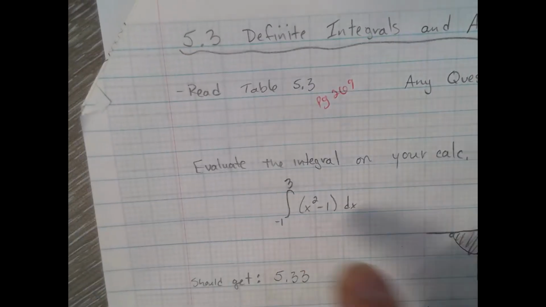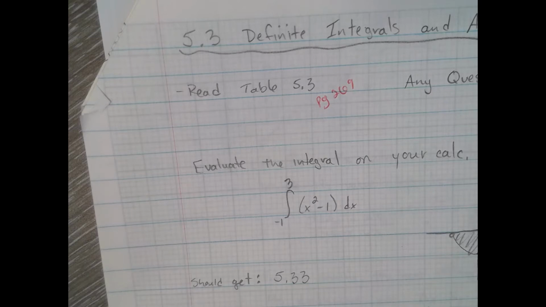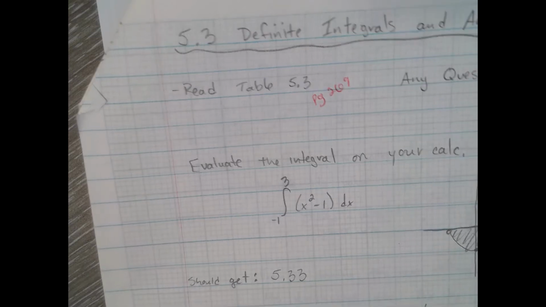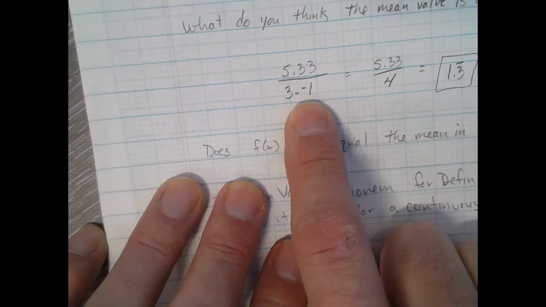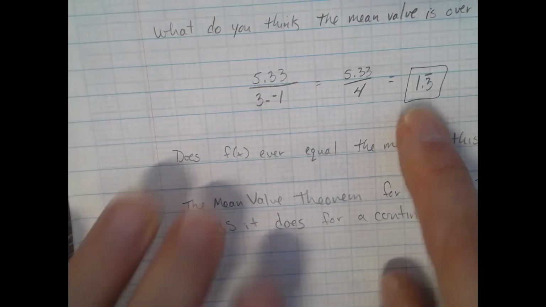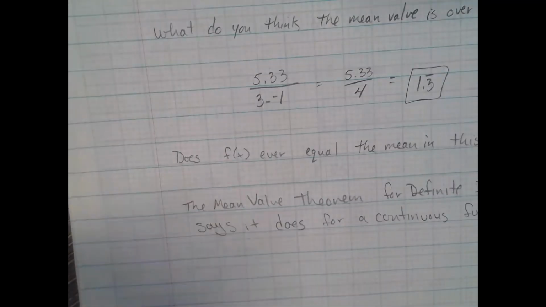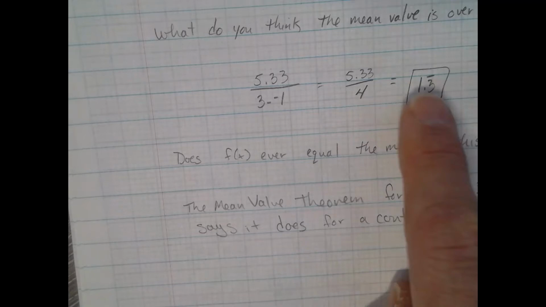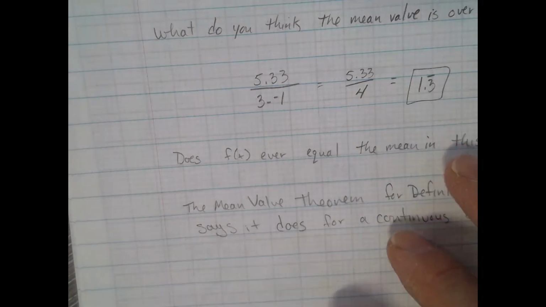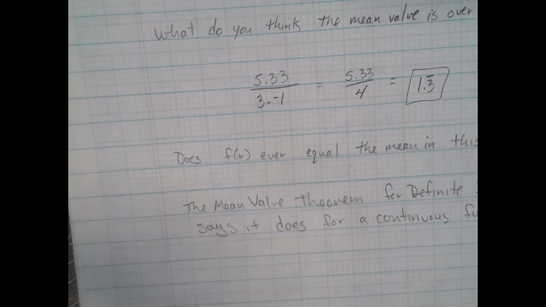So the area under the curve divided by B minus A gives you 1.33. If you want to find the average value, find the area, divide by B minus A. And we get 1.33. Okay, you'll have to do that quite a few times this year. If you're finding the average amount, you evaluate the integral, and then just divide by B minus A.